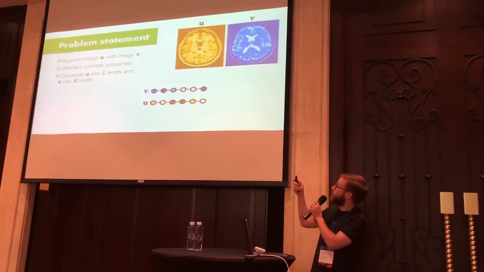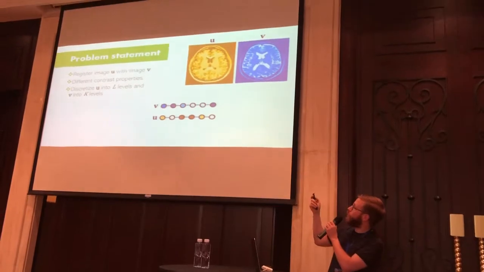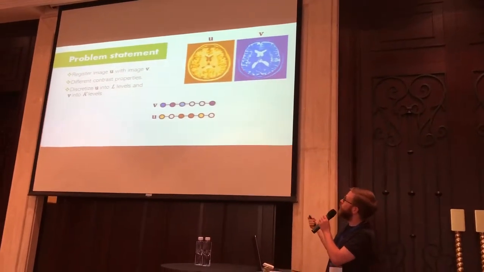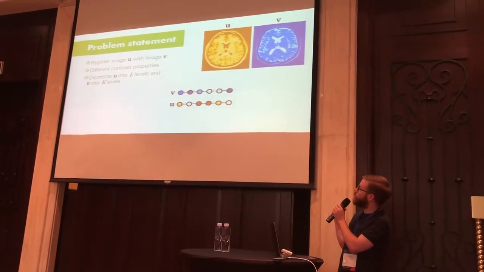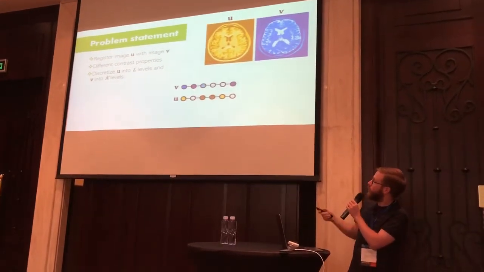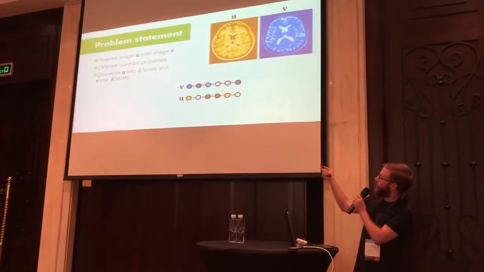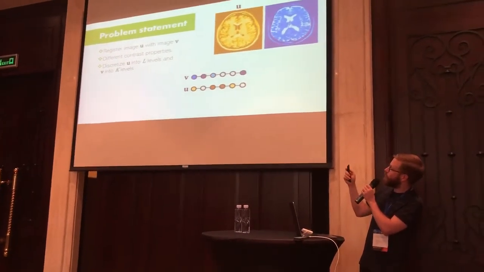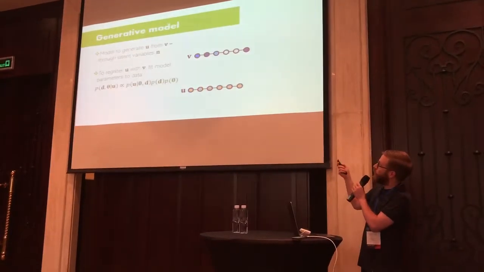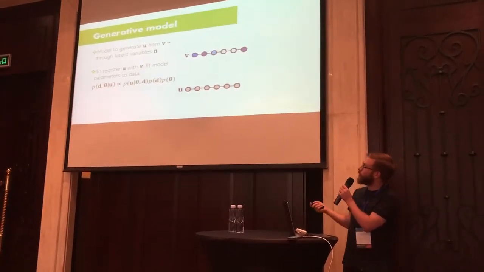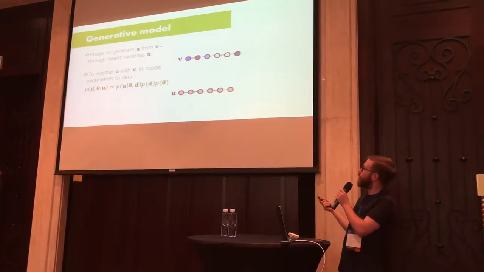Here we have discretized them into 4 levels. Obviously, we use more when we actually use the model, but this is just to illustrate the model, and I have it in 1D here to illustrate the model. So the generative model.